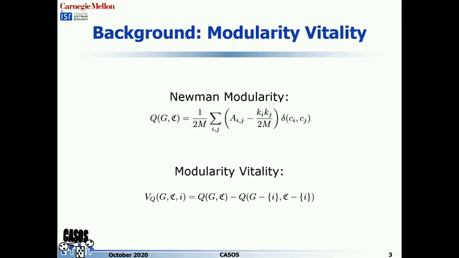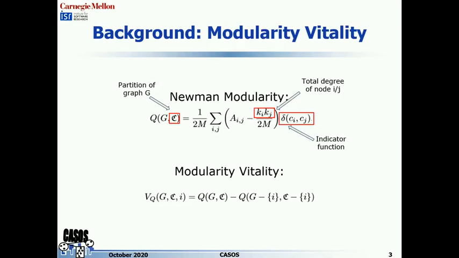Newman modularity for a graph G and a partition of G, which is this capital C, if we know the total degree centralities of the nodes, as well as the indicator function, which is pretty simple: it's 1 if the two elements in the indicator function are equal, otherwise it's 0, as well as the total number of edges and the adjacency matrix of the graph, we can calculate how well this partitioning C fits the graph G. Newman modularity gives us a value between 0 and 1, and the closer to 1, the better the fit of the partition to the graph itself. So basically, the better the grouping is.